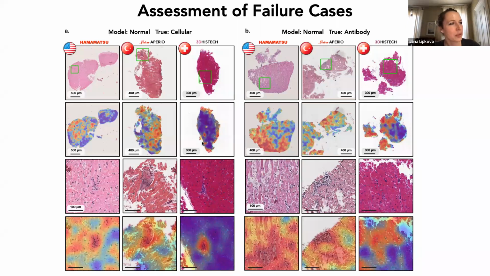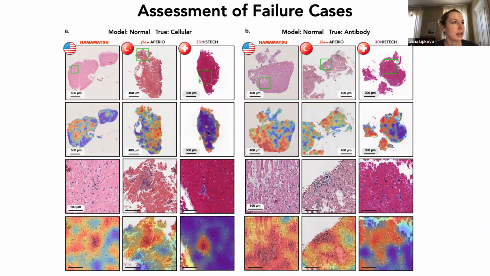It's a lot of blue, but still the model is going to place high attention to any atypical morphology. For instance, here at the edges, there may be some small infiltrates and the model may place higher attention, but otherwise it's mainly blue. This was to your question. What I was trying to show with this example is, also these are all rejections and the model predicted them as normal.